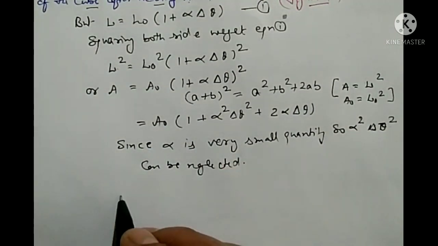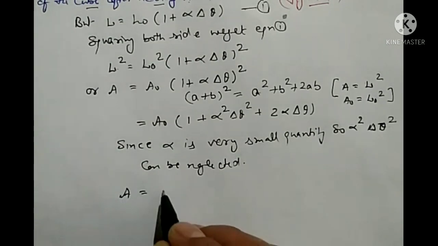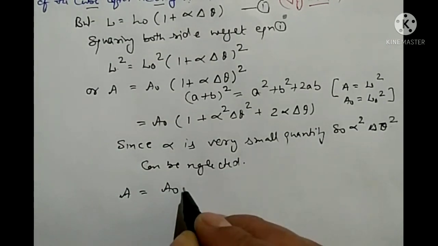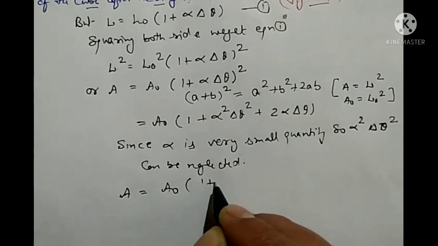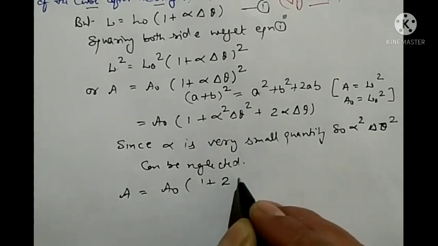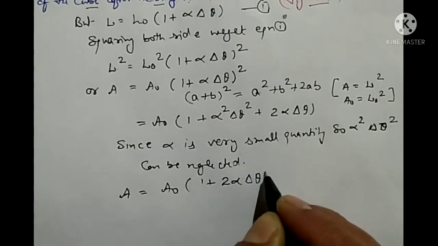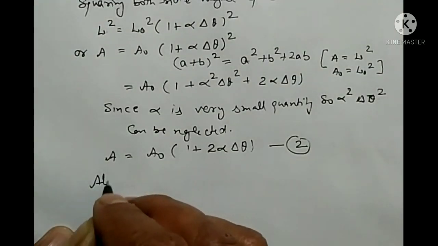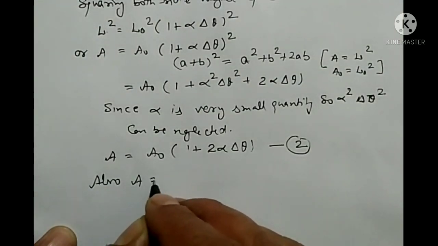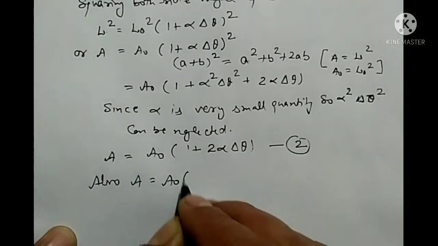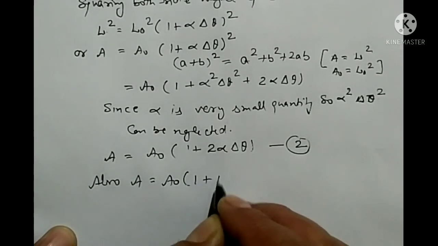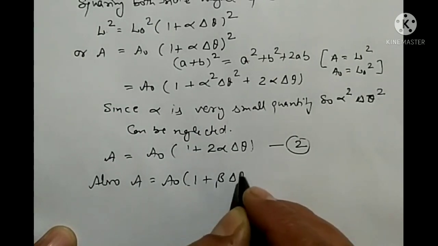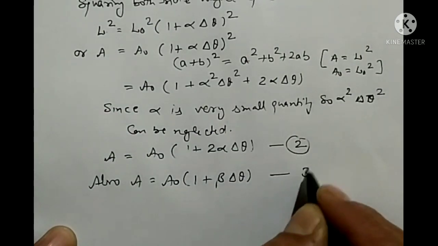So this equation becomes A is equal to A naught (1 plus 2 alpha del theta). This is equation number 2. Also, A equal to A naught plus beta del theta. This is equation number 3.